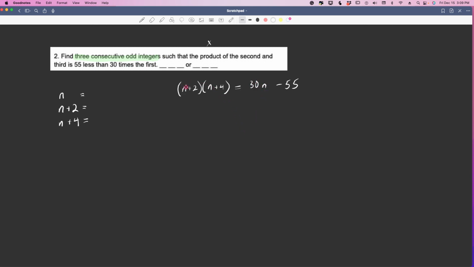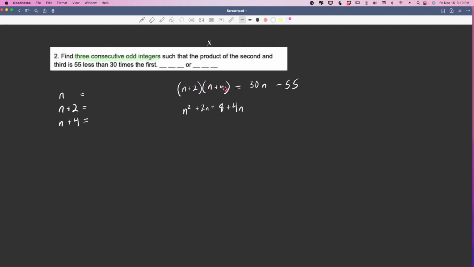Now we're just going to do some calculations and some distribution. That's n squared plus 2n plus 8 plus 4n. So n squared, 4n, 2n, 8.